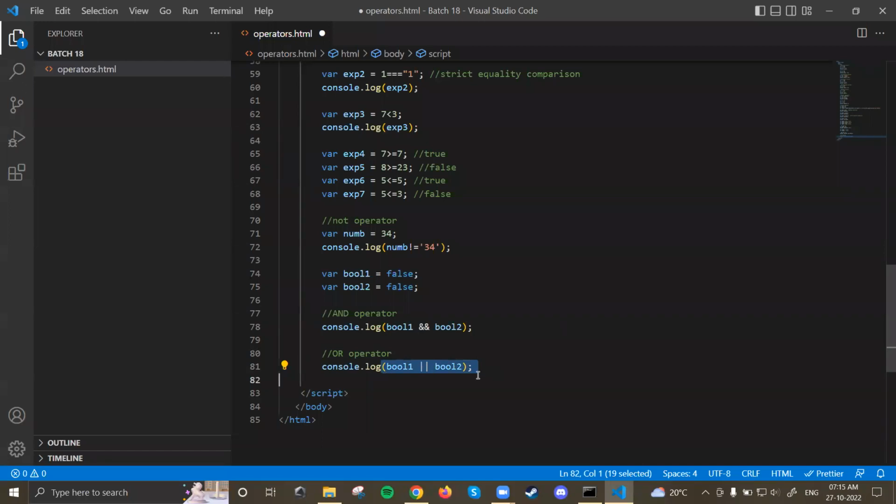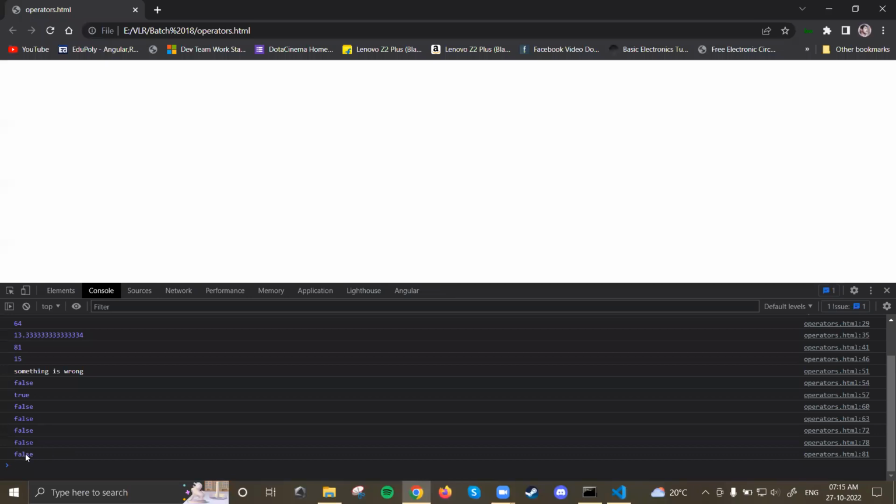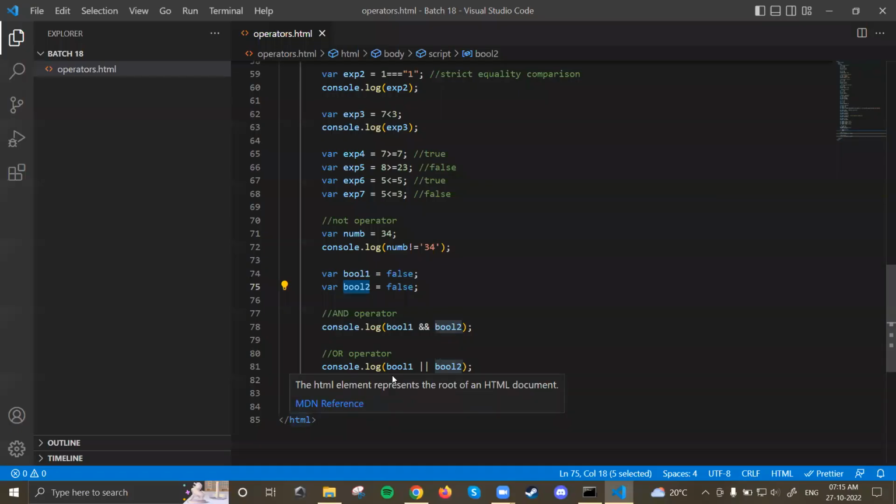So false, because none of them are true. It is checking first for bool1. Is bool1 true? No, false. Is bool2 true? No, false. So it is giving us false directly. So this is how the AND operator and OR operator work.